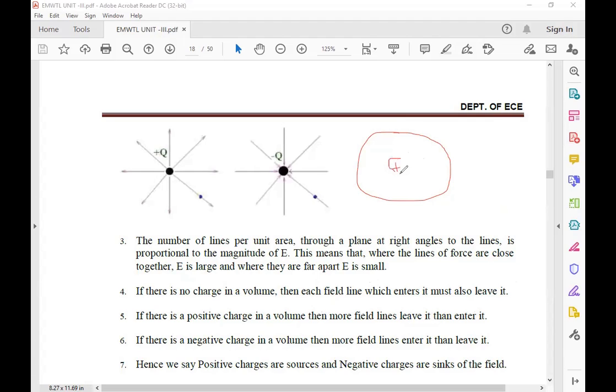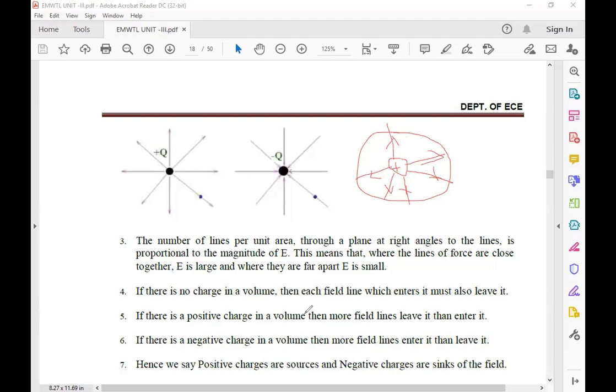Because suppose there is a closed surface with a positive charge inside, from that positive charge the electric lines of force terminate radially at the negative charge or at infinity. These are the lines of force going radially outside from the positive charge.